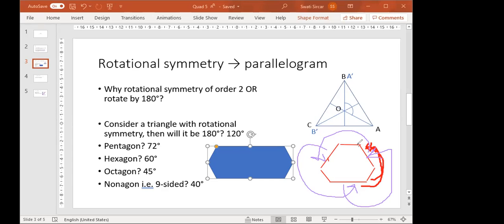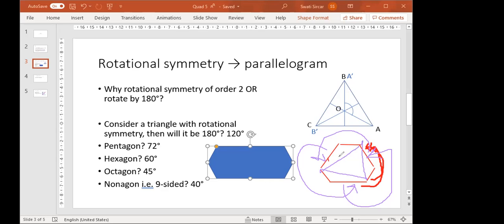Imagine it to be, if you think of it like a triangle like this, and you rotate it, then that is possible, right? Can you see that? Yes.